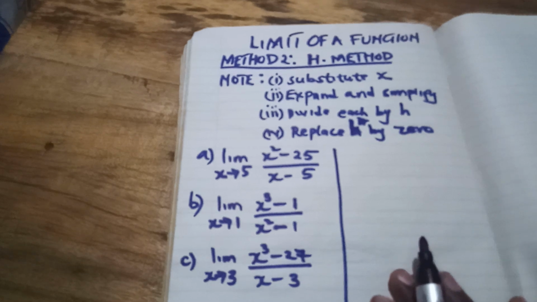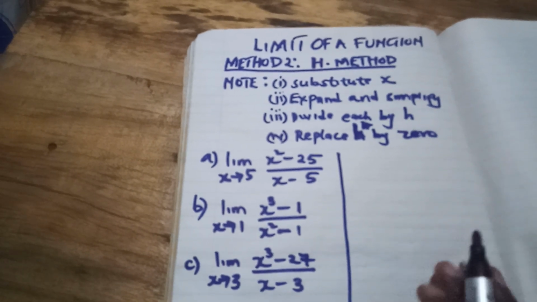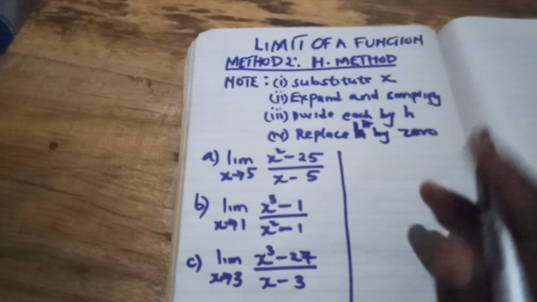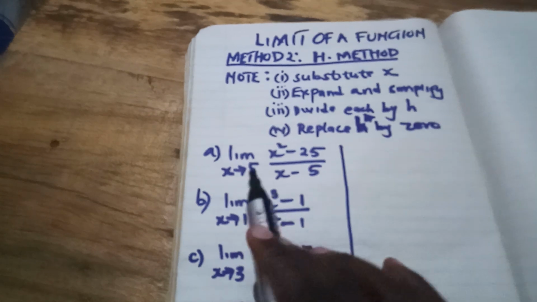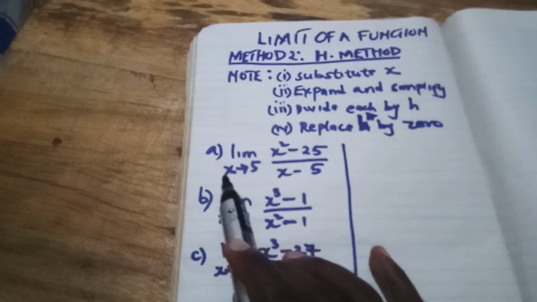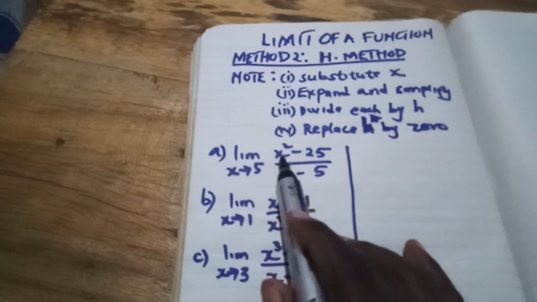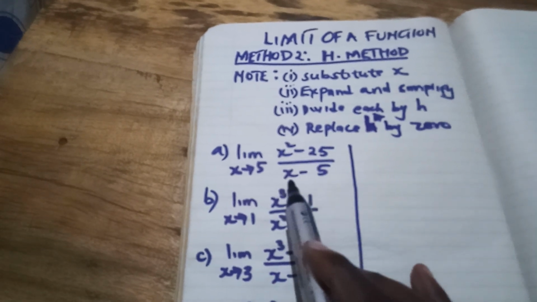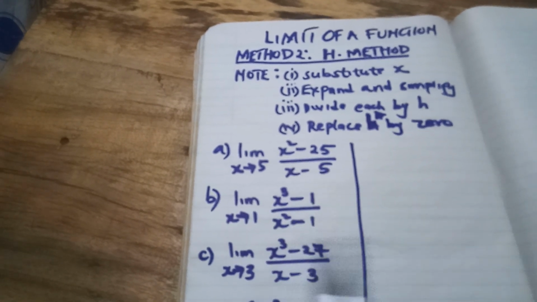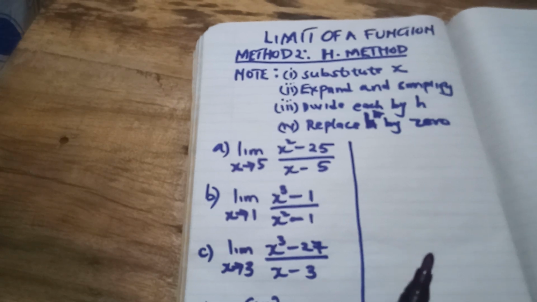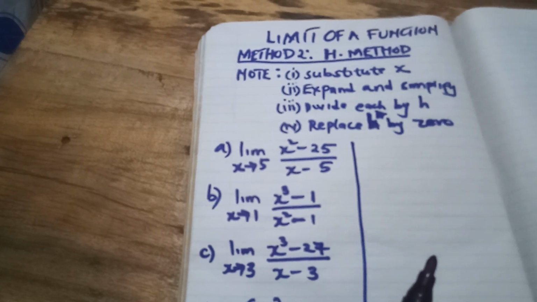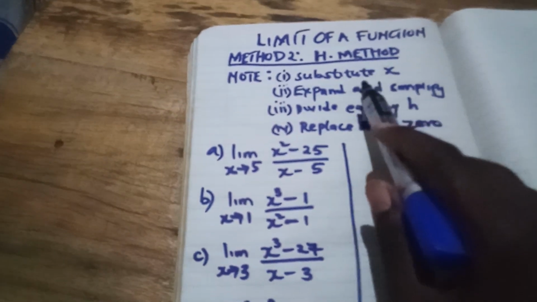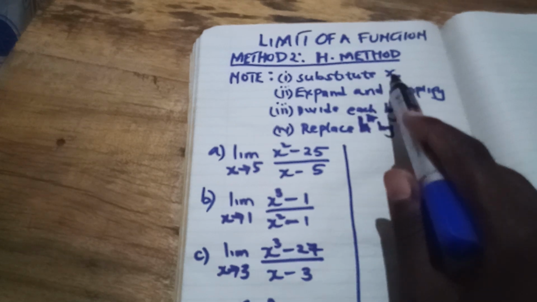Let us now look at some examples. Example number 1: the limit as x approaches 5 of x squared minus 25 out of x minus 5. Using the h method, we have said we have to substitute the value of x.